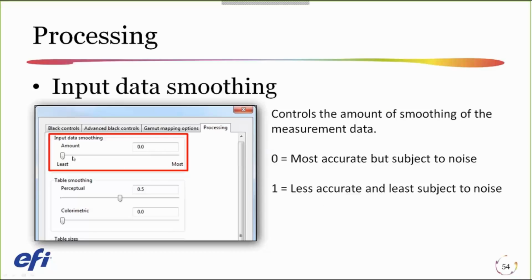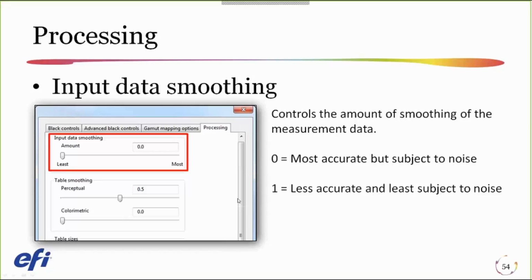And you may want to move this slider to the right to start to even out, take some of those artifacts out. Technically, you're going to have less accuracy because you're changing the values of what was measured by the spectrophotometer. Again, it's the balancing act between accuracy and looks.